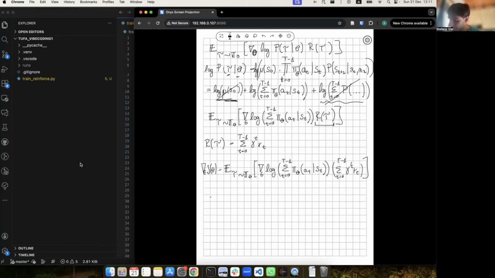And then once we have the gradient, this is basically done, because we can update our parameter theta, which again parameterizes our policy, using standard gradient ascent in this case, because we are trying to maximize the rewards, we need to go up. So we do plus.